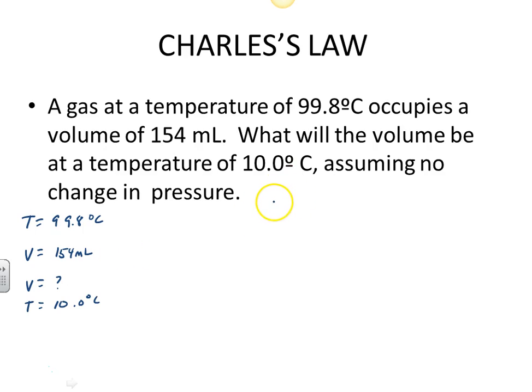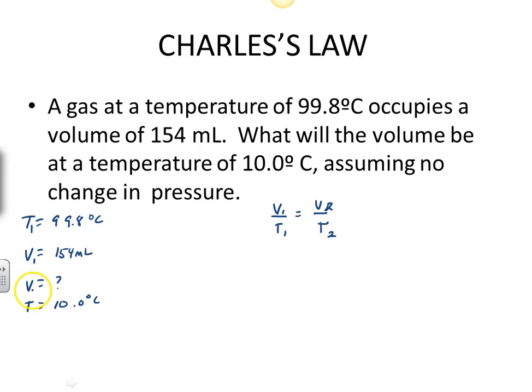This is Charles' law, which is V over T equals V over T. Initial conditions, final conditions. V1 over T1, V2 over T2.